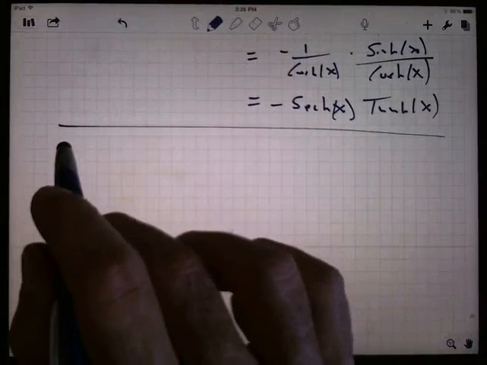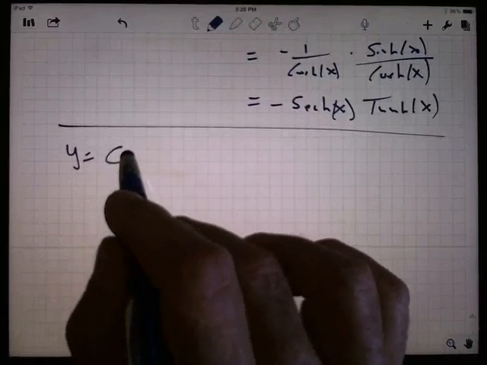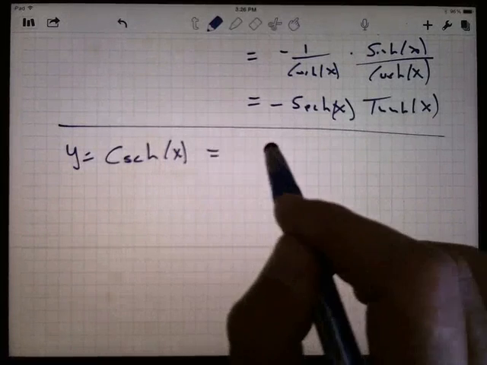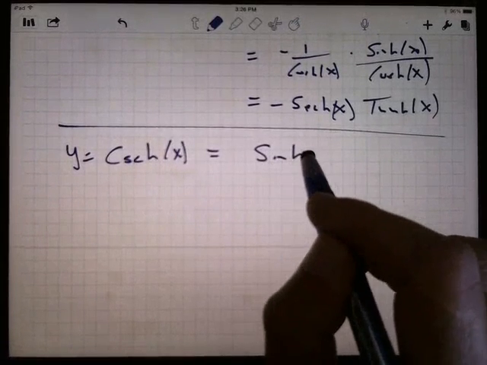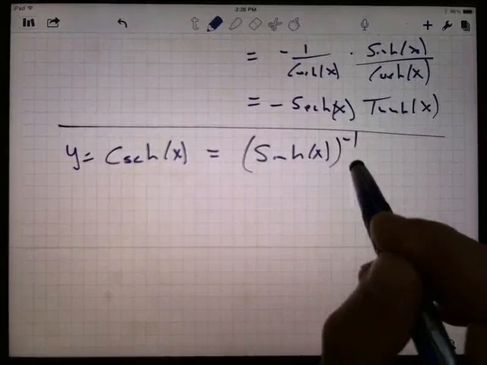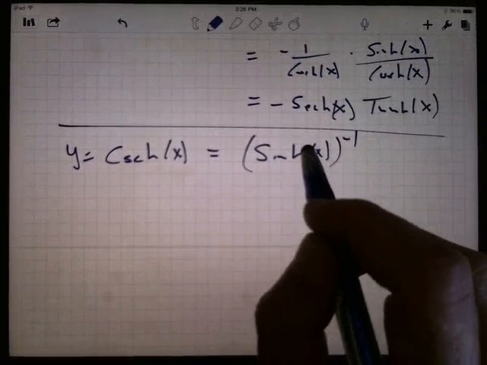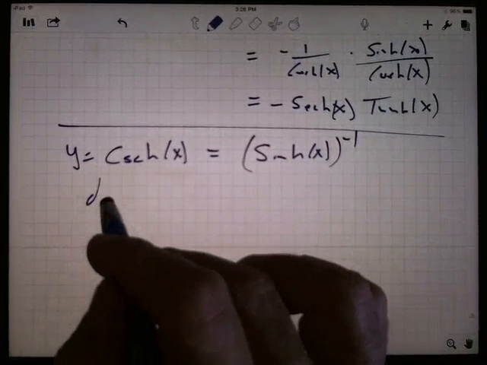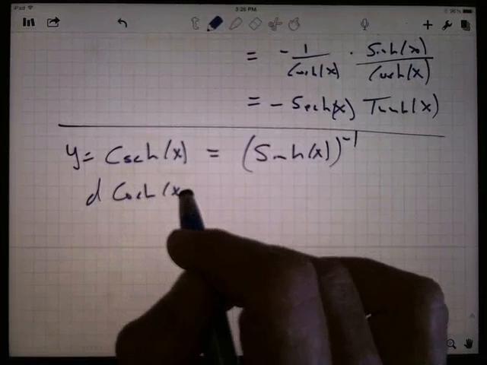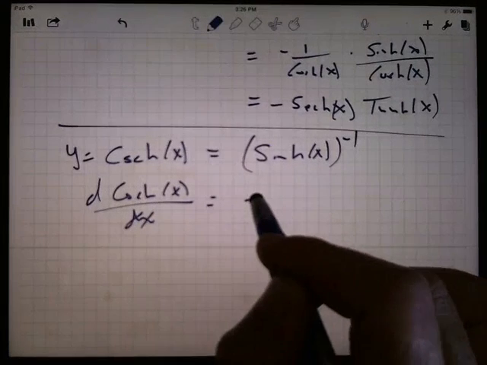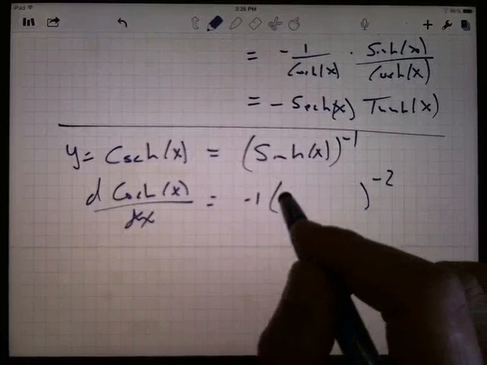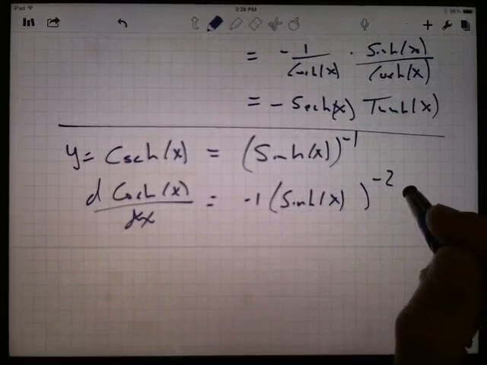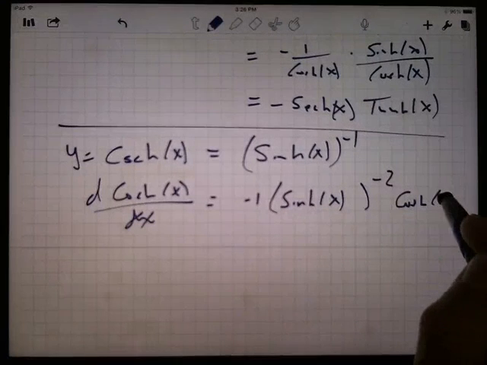I've got y equal the hyperbolic cosecant, which I think of as the reciprocal of the hyperbolic sine. So not the inverse, but the reciprocal. I'm putting the minus 1 here, saying that thing to the minus 1 power. So the derivative of the hyperbolic cosecant is minus 1 times this thing to the minus 2, where that's a hyperbolic sine on the inside, but then multiplied by the derivative of the inside, which is the hyperbolic cosine.